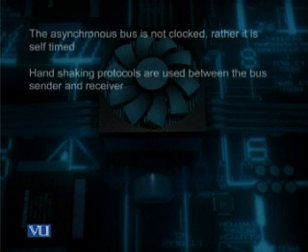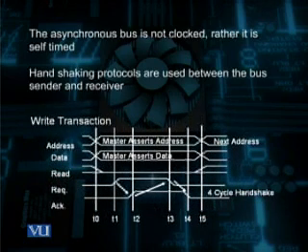Here from this timing diagram, you can see that the asynchronous bus is not clocked, rather it is self-timed. The handshaking protocols are used between the sender and the receiver.